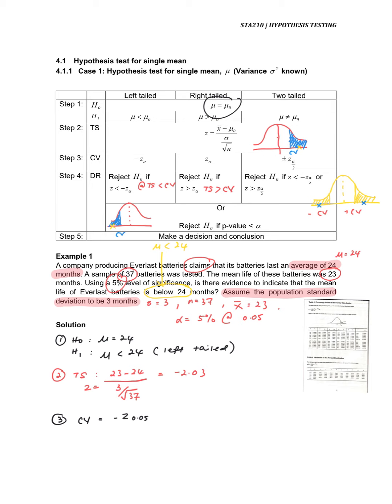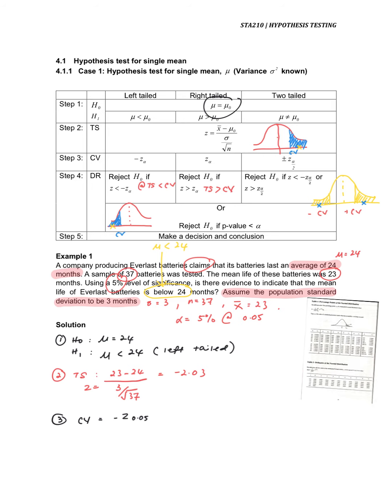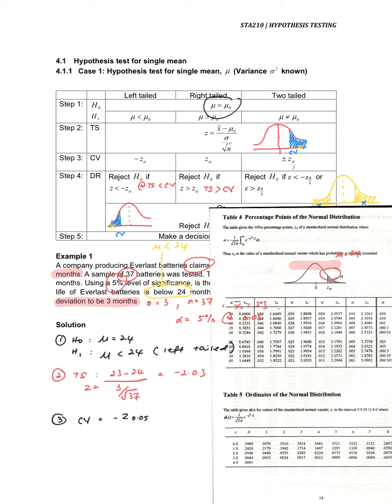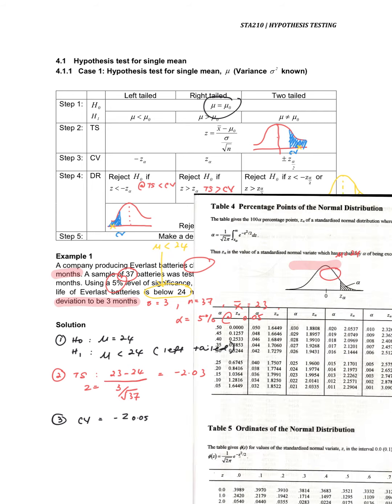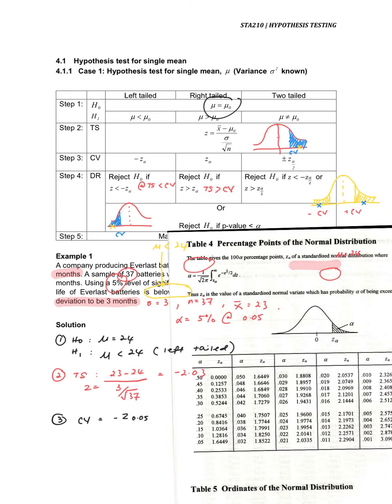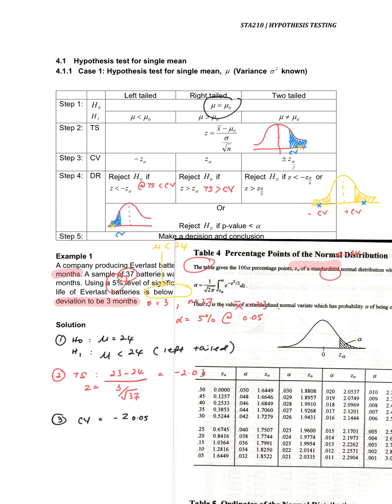Okay, so refer your, okay, you can refer table number 4 or table number 3. Okay, if you want to use table number 4, you look at this one. Find Z alpha. Okay, find the value of alpha is 0.05.